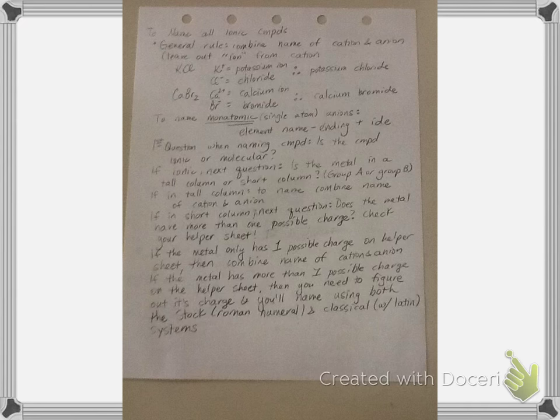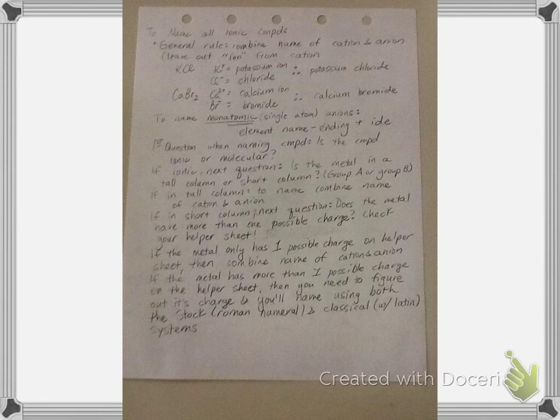We're going to take the element name, we're going to lose its ending, and it's going to get the "ide." So again, we see that example here of potassium ion and chloride becoming potassium chloride as a compound. Calcium ion and bromide becoming calcium bromide.